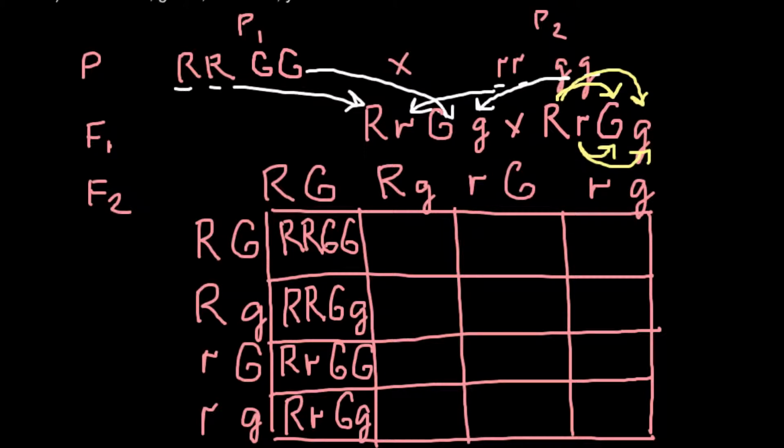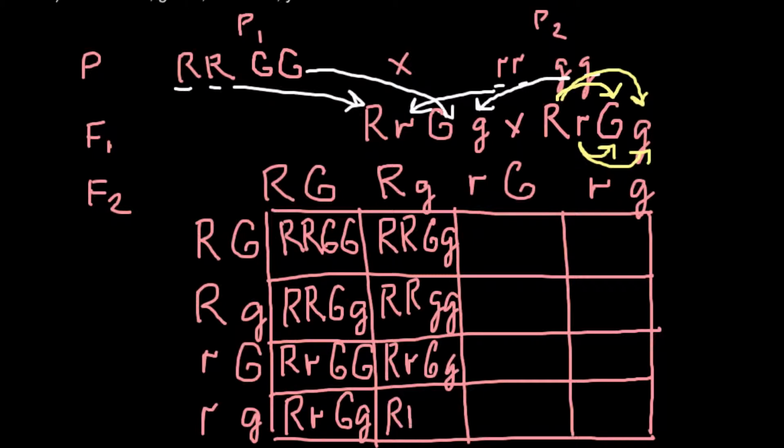Next column, capital R, capital G, small g, capital R, small g, capital R, small r, and capital G, small g, capital R, small r, and small g.